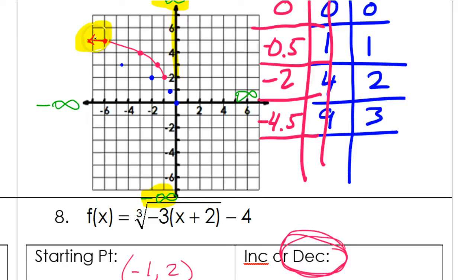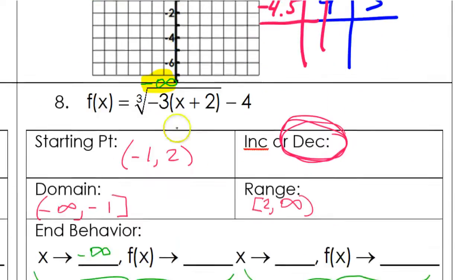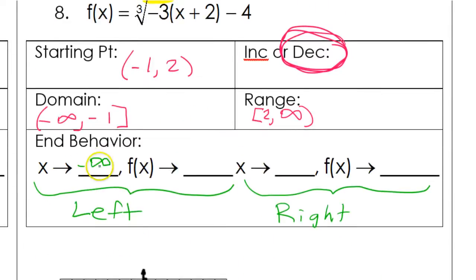Positive infinity, because as I go left, it's going up. So as the x values go towards negative infinity, the y values go towards positive infinity.